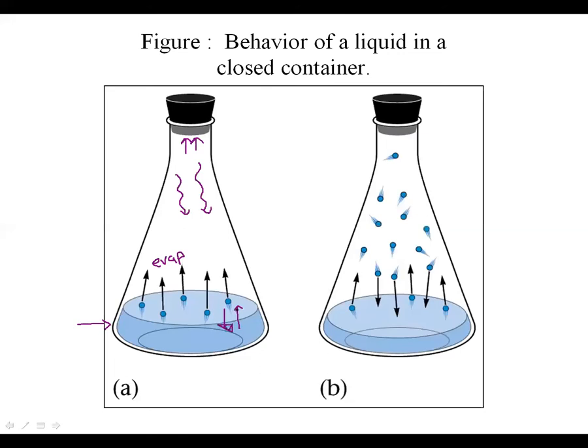And at some point, this will reach what is known as equilibrium. Basically what it means when we say it reaches equilibrium is that just as fast as those molecules are coming out of solution into the gas phase, they are just as fast dropping back into solution.